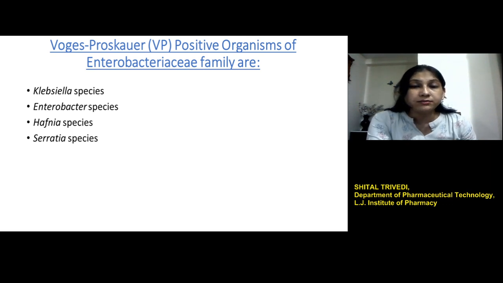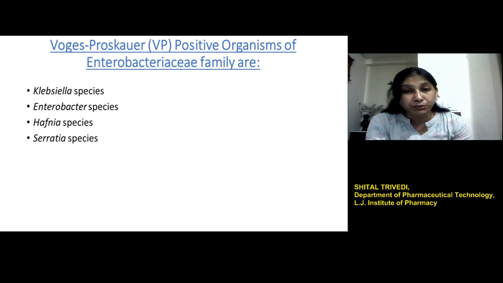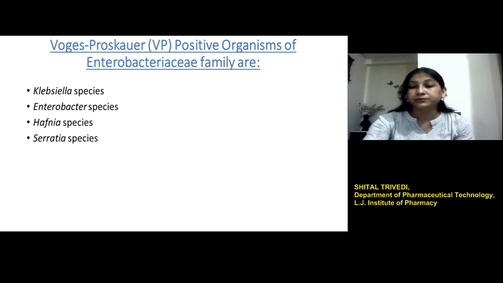The organisms from the Enterobacteriaceae family, that is Klebsiella species, Enterobacter species, Serratia and Hafnia species, are VP positive organisms, and E. coli is a VP negative organism.